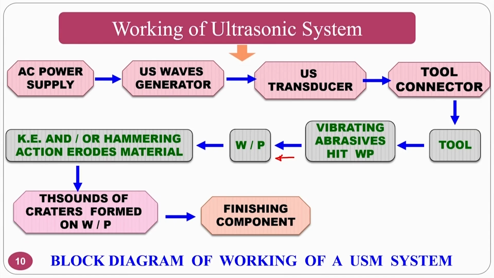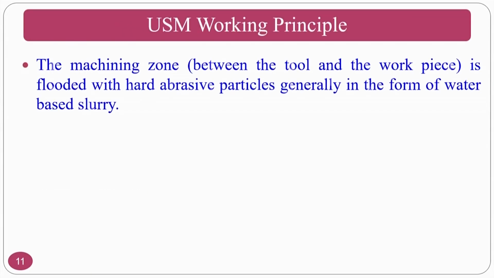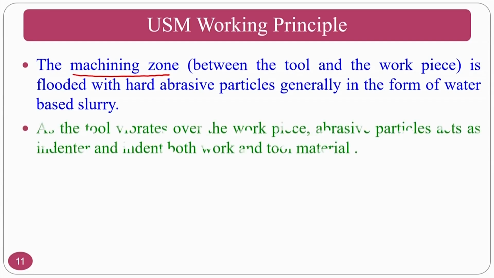What we are interested in is what is happening in the machining region of ultrasonic machining, which we will see here in the principle. The machining zone, that is between the tool and the workpiece, is flooded with hard abrasive particles, generally in the form of a water slurry. Normally you have abrasive particles blended with water or any carrier medium.